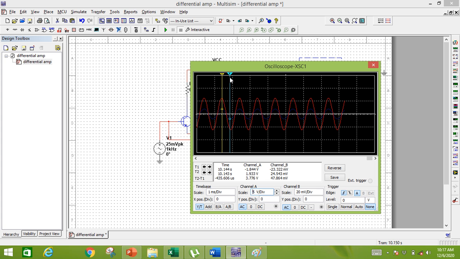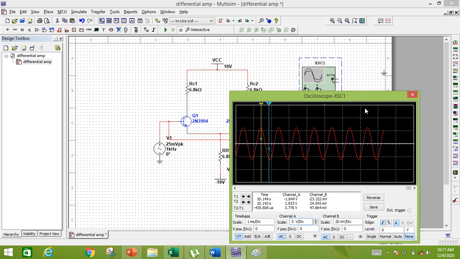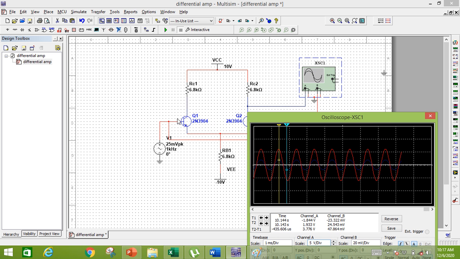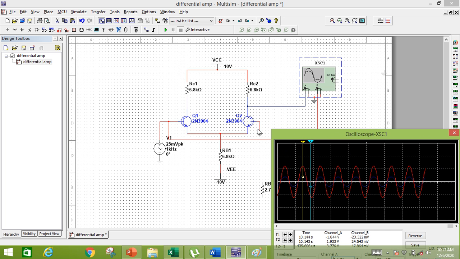In the start, I had told you that the base of Q1 is called the non-inverting input, whereas the base of Q2 is called the inverting input. मतलब ये जो हमारा input है that is actually called the non-inverting input, whereas the base of Q2 मतलब ये जो हमारा input है this is actually called the inverting input. Why?